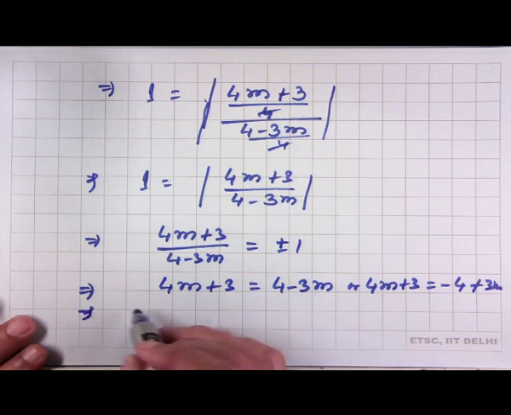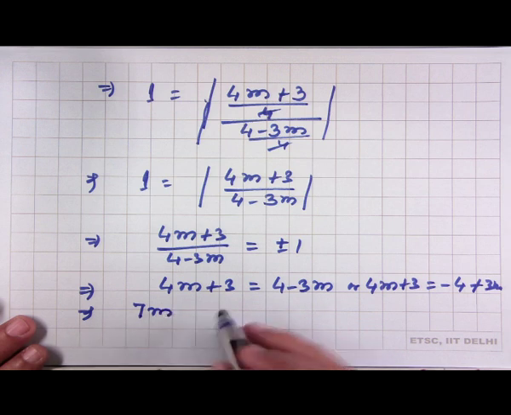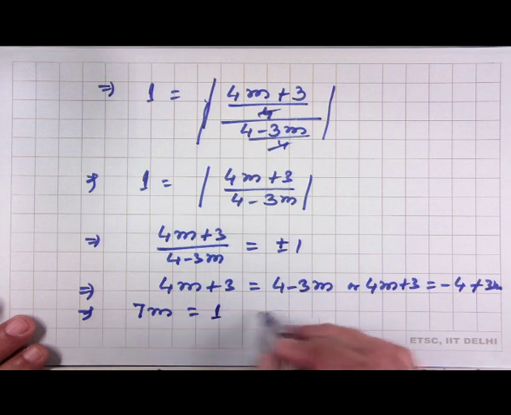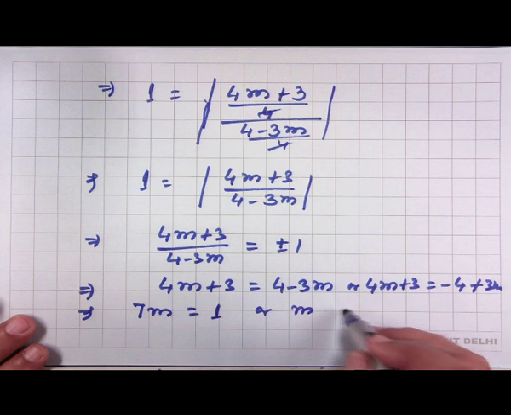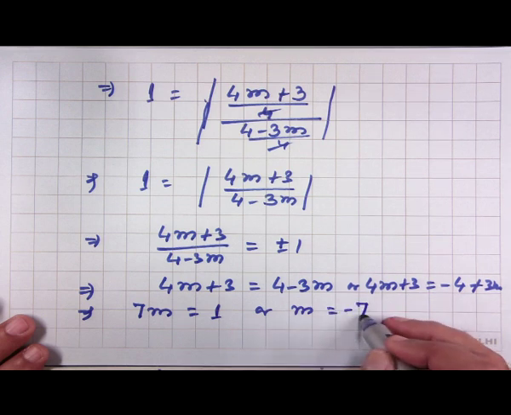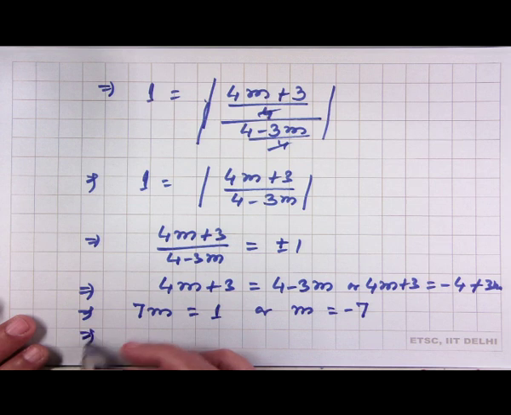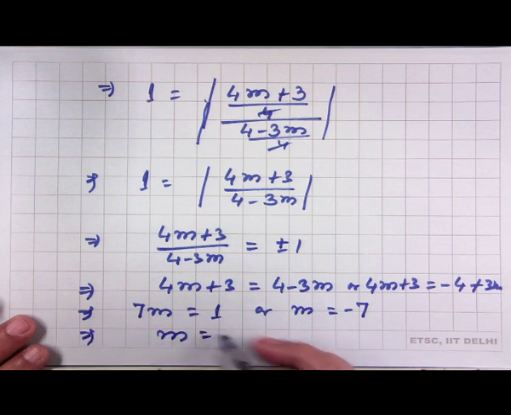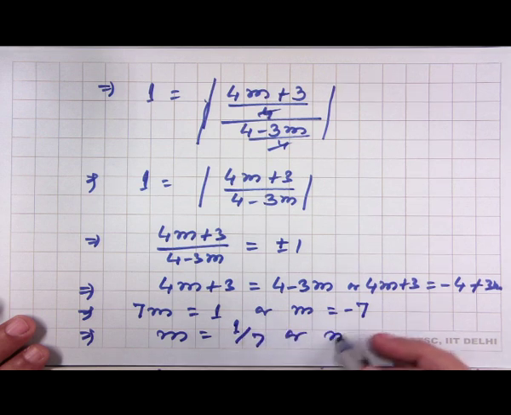So this implies 7m is equal to 1, or m is equal to minus 7. So m is equal to 1 by 7 or m is equal to minus 7.